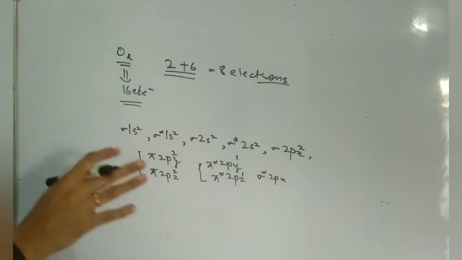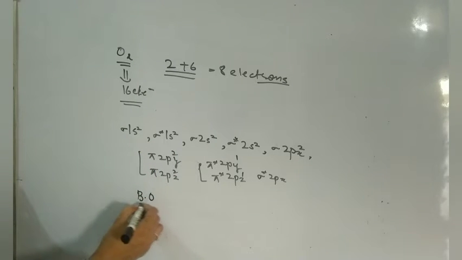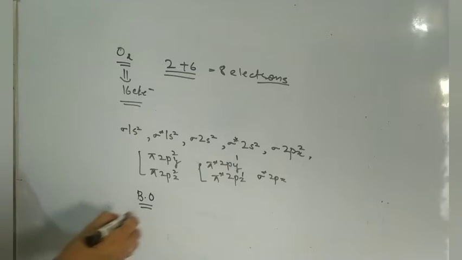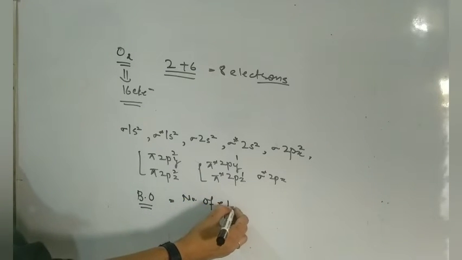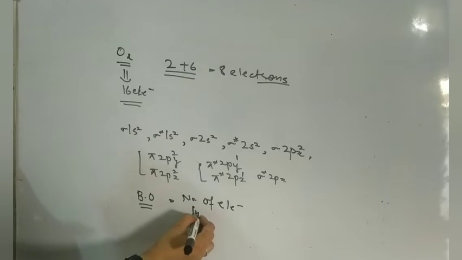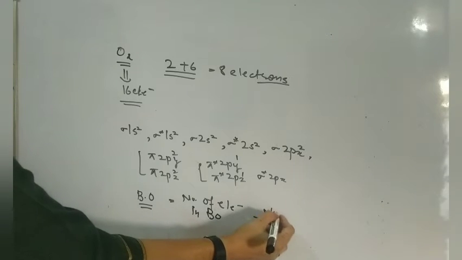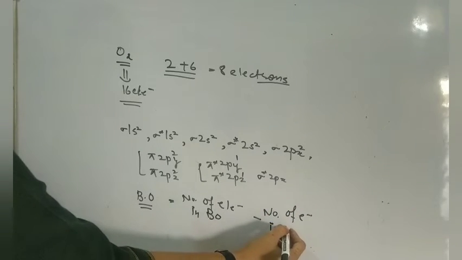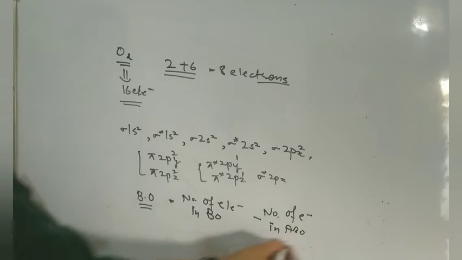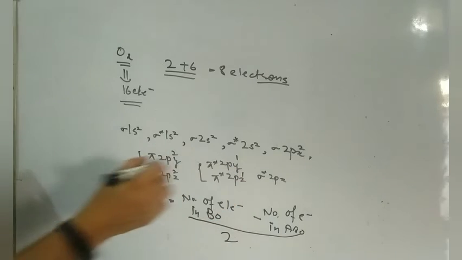Now we will see the bond order. The formula of bond order is the number of electrons in bonding orbitals minus the number of electrons in anti-bonding orbitals, divided by 2.